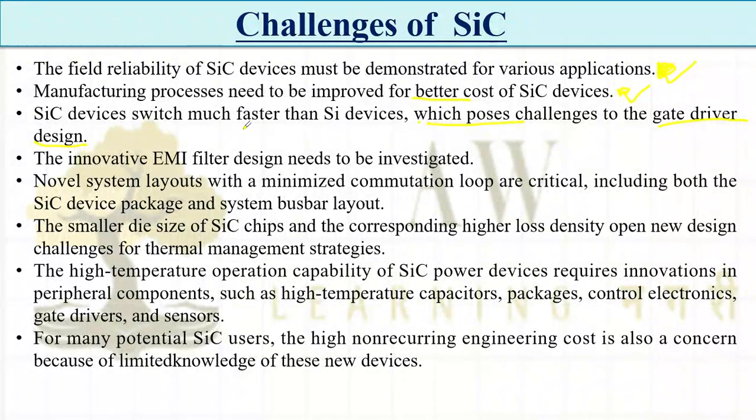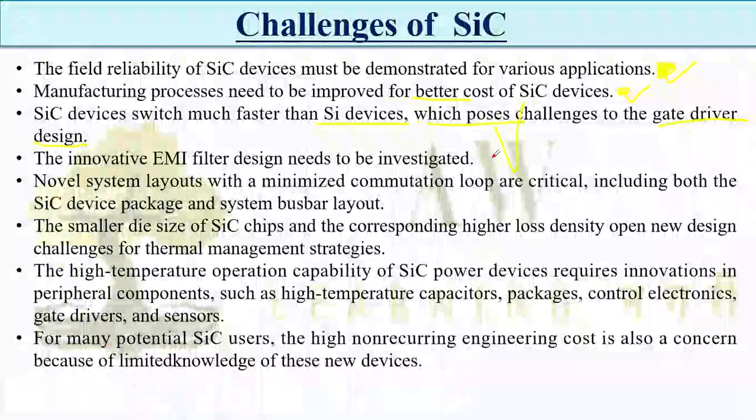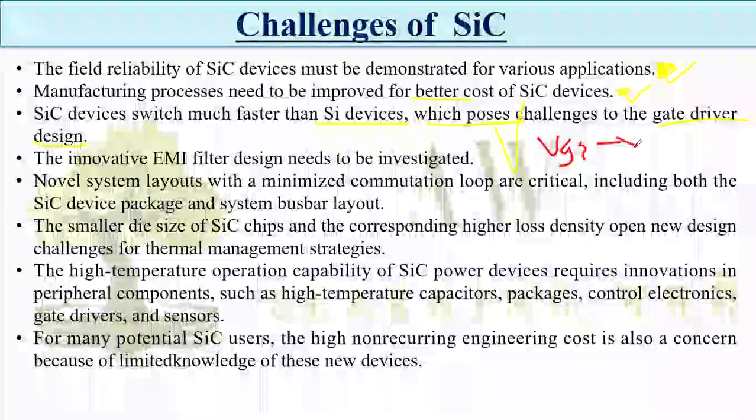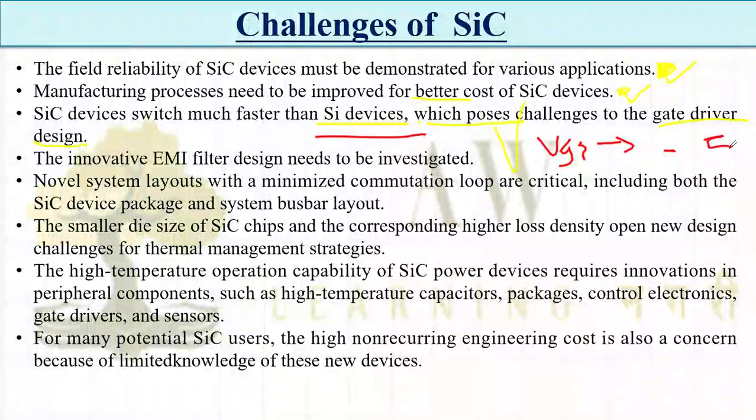I will show you in the data sheet, if you see the silicon carbide data sheet, it's VGS. What is VGS? Gate to source voltage, which is required. I will show you the VGS value in the data sheet. For silicon devices, VGS is always from 0 to some positive value. But for silicon carbide devices, it starts from some negative value, -5 to some +20 volts.